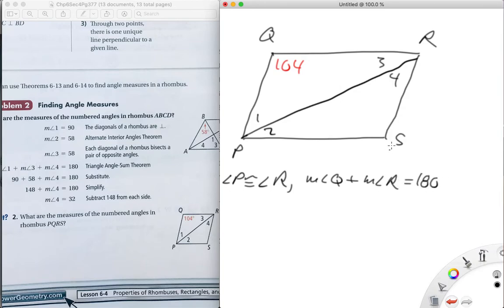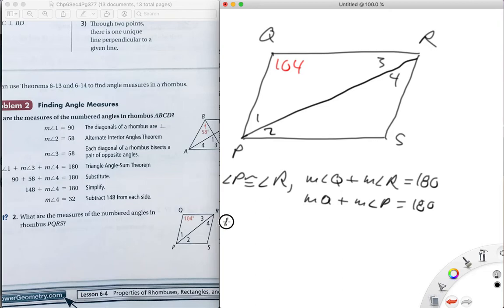They equal 180 because they're consecutive angles. I also know that angle Q and angle P are supplementary as well because they're consecutive angles and they add up to 180. So P and R add up to 180. Q and R add up to 180. Q and P add up to 180. Yay.